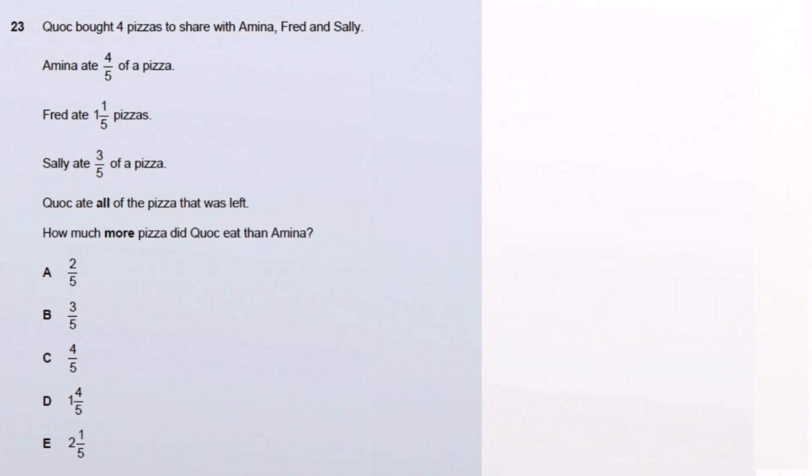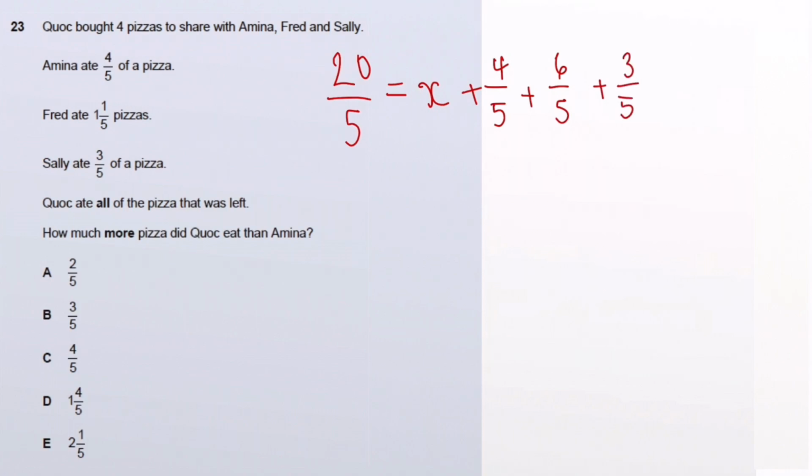So if we convert it into fraction form, we have 20 on 5, which is equal to, let X be Kwok's share plus all the pizzas that these people ate. So Amina's is 4/5. Fred is 6/5, so we just convert it to an improper fraction to make it easy to calculate. And then Sally is 3/5.